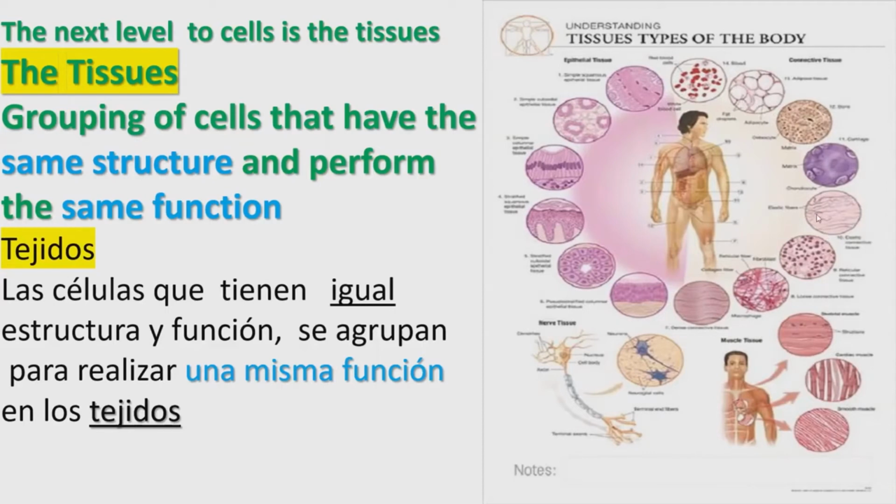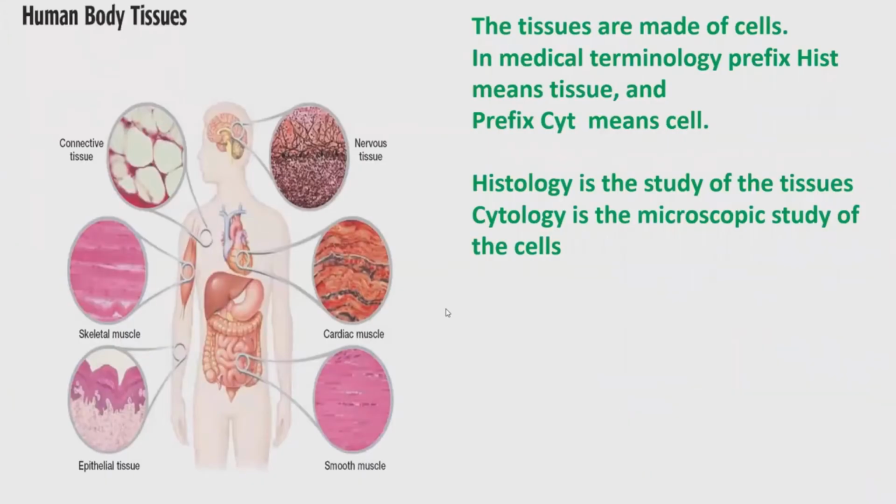We will study some of them. Again, the tissues are made of cells. In medical terminology, the prefix hist means tissue, and the prefix cyto means cells. Then, histology is the study of the tissues, and cytology is the microscopic study of the cells.